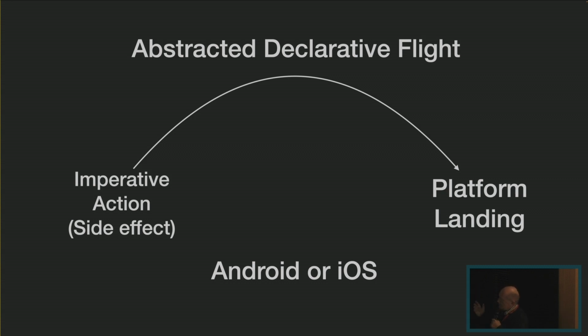In another way, you can see this as an imperative action produced by a side effect. You make an abstracted declarative flight. So you can say, Houston, we have lost Etienne. That's not a good idea to let him play with rocket science. But the idea is to have a platform landing at the end of the flight.